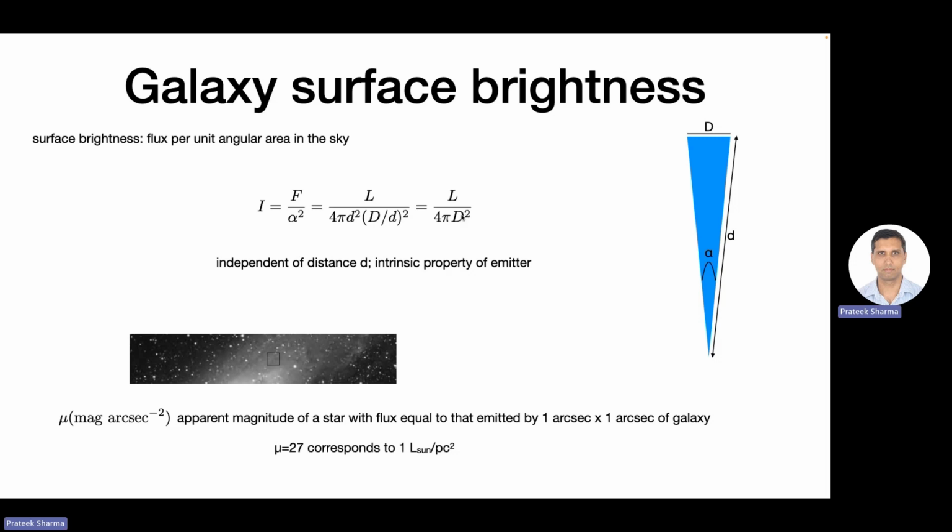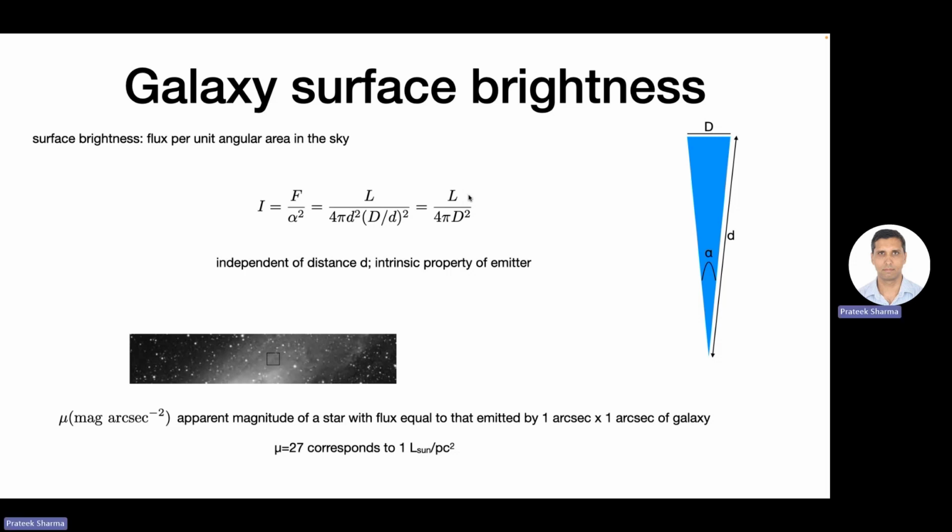Right. So this is a physicist's unit. A physicist's unit would be in terms of solar luminosity per parsec squared. But unfortunately, in astronomy, the magnitude system comes in and makes it extremely scary looking at the beginning.